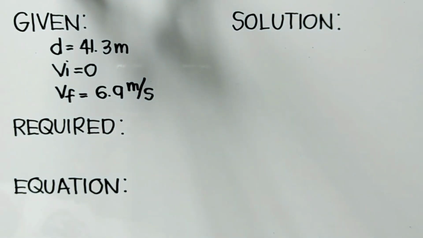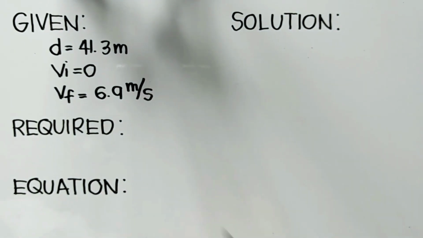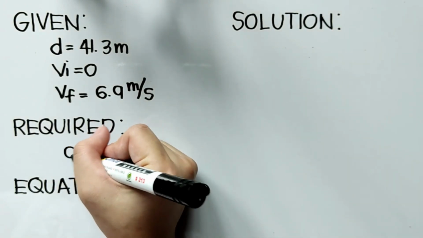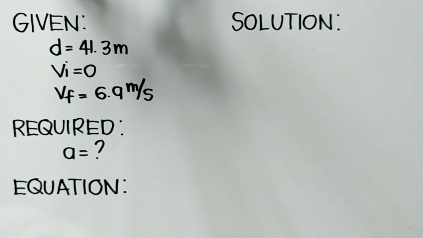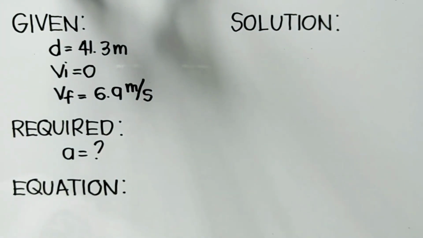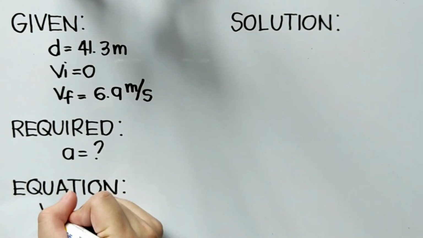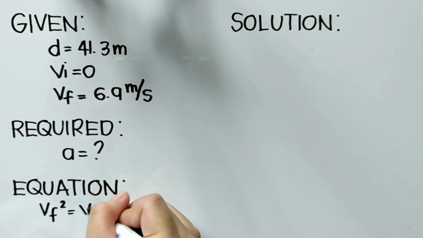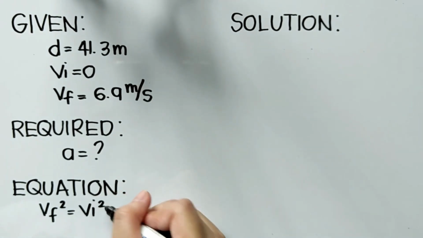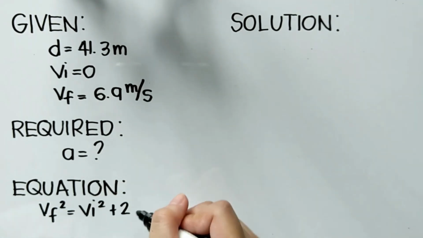After we identify the given, we should know what is required in the problem, and that is to determine the acceleration of Angela's bike. Based on the given, we will have an equation of Vf² = Vi² + 2AD.